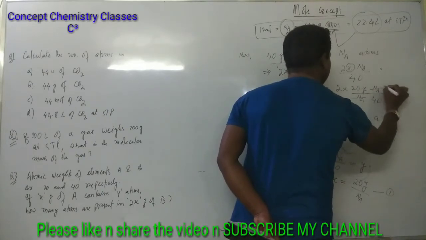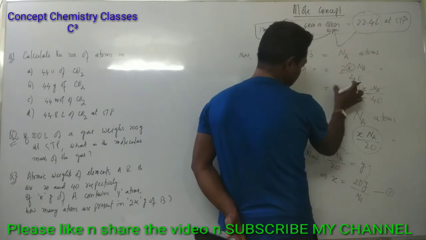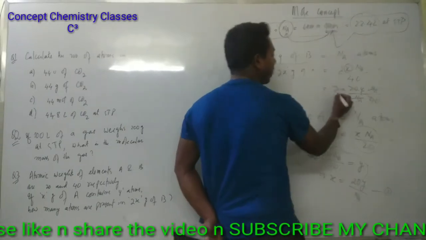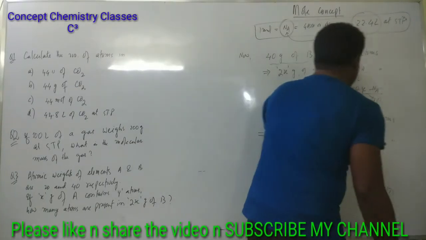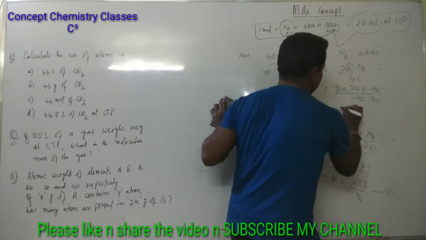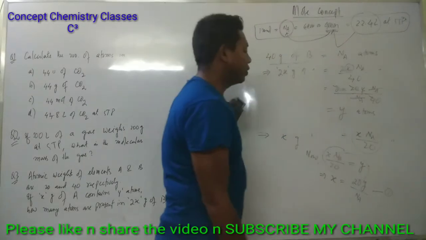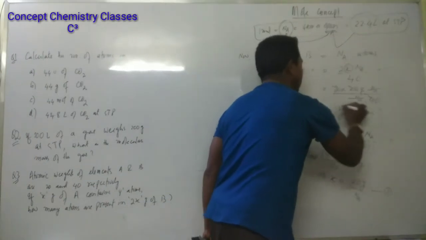This Na and Na are cancelled out. This 2 into 20 is 40, which will cancel out with 40 in the denominator. So what is left to us? Y. So the answer of the question is Y atoms.